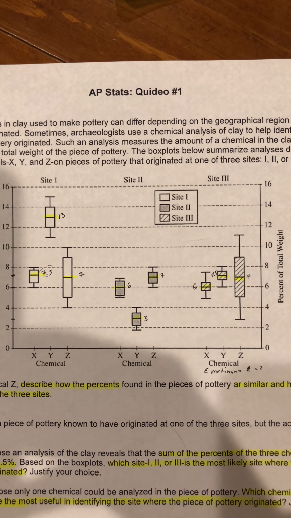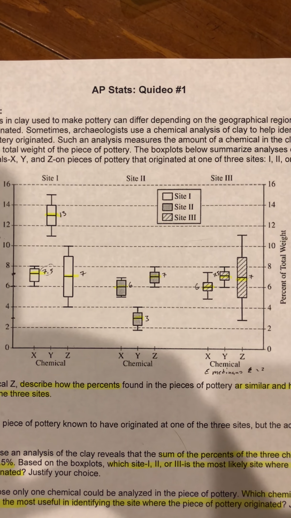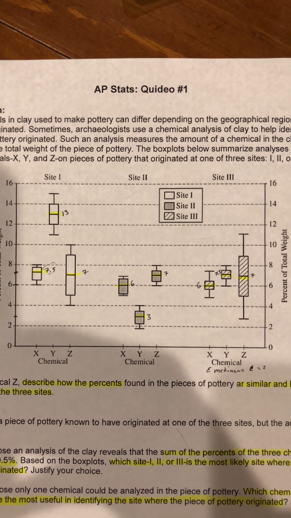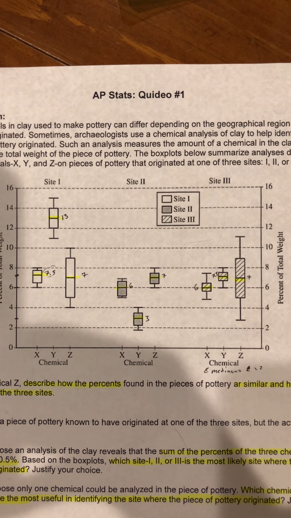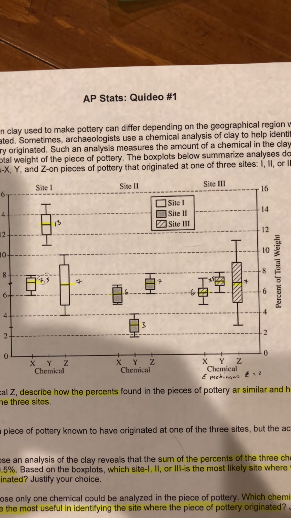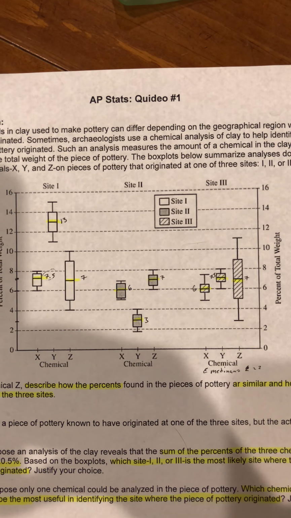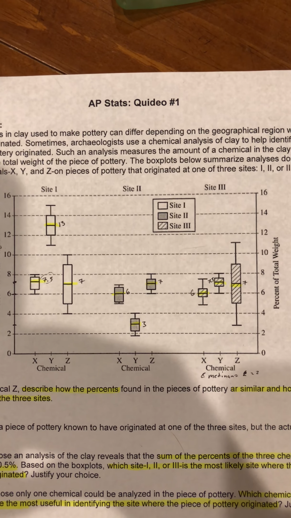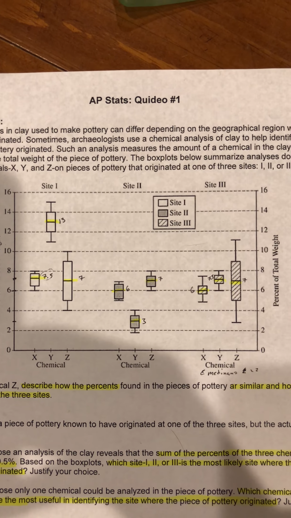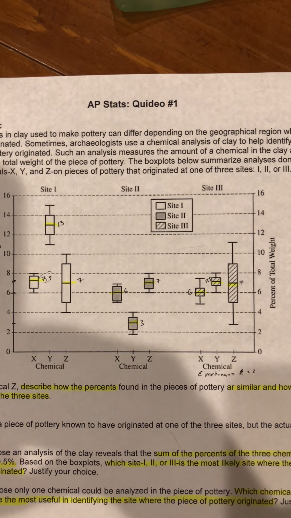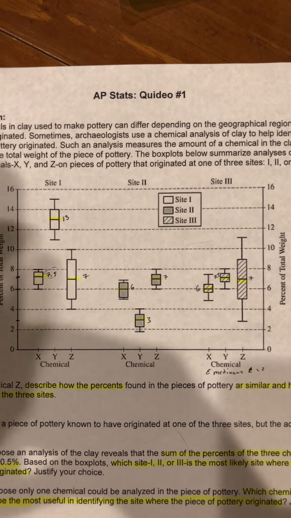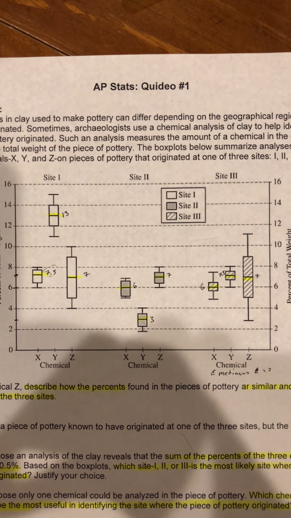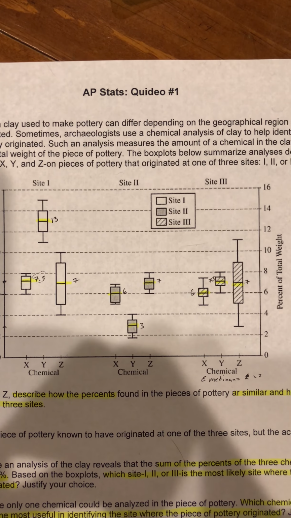So that is, again, like I said for chemical X, a big thing, because if you were to have a chemical Z percent of 7%, you wouldn't be able to figure out which site it came from, since site 1 and 3 have the same median. Also, we can see that the interquartile range is the same for site 1 and 3.